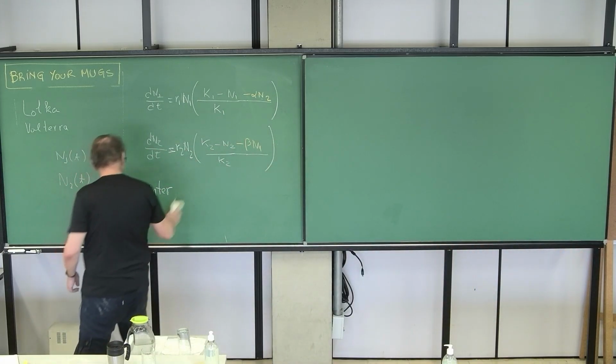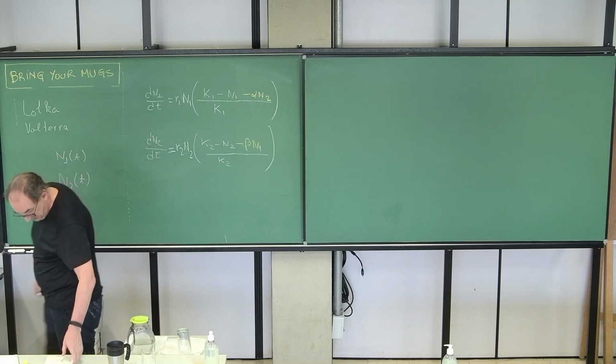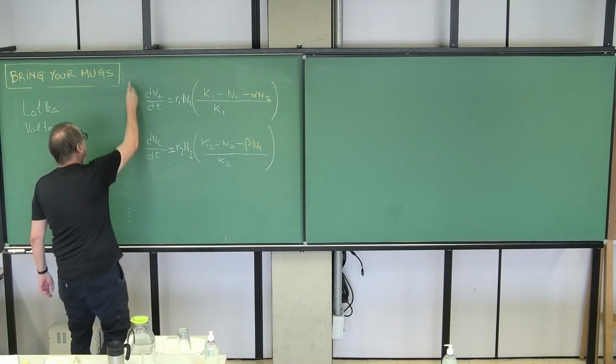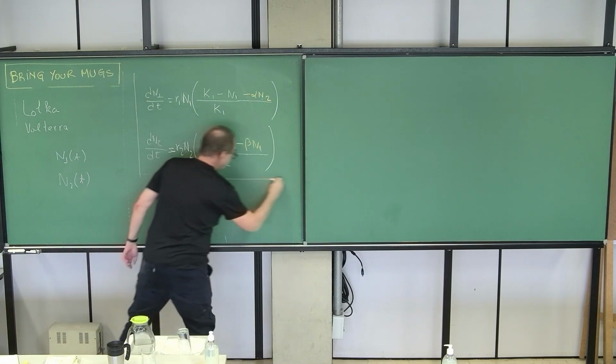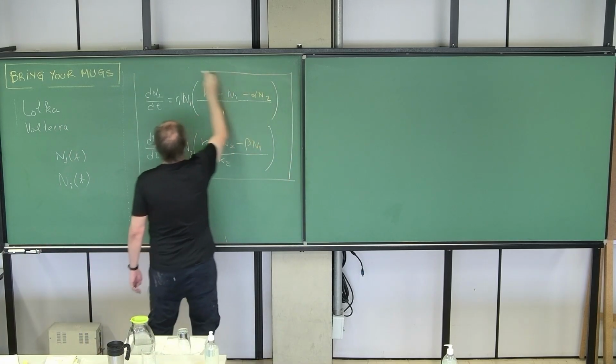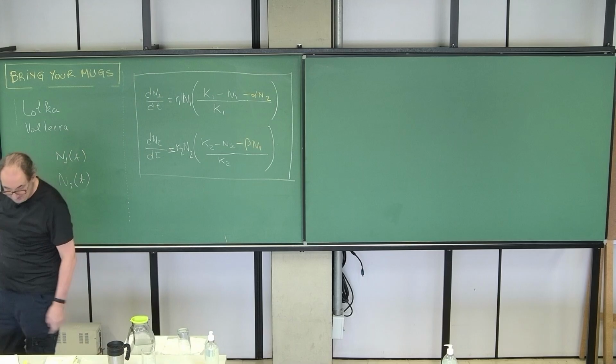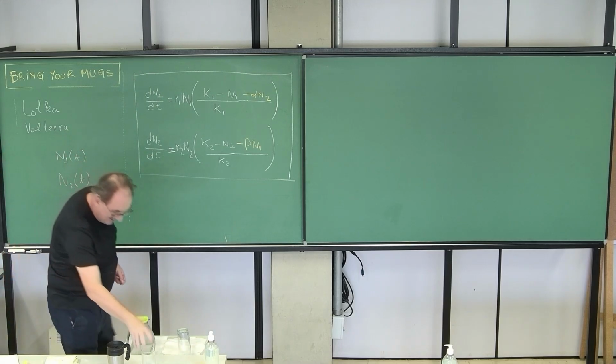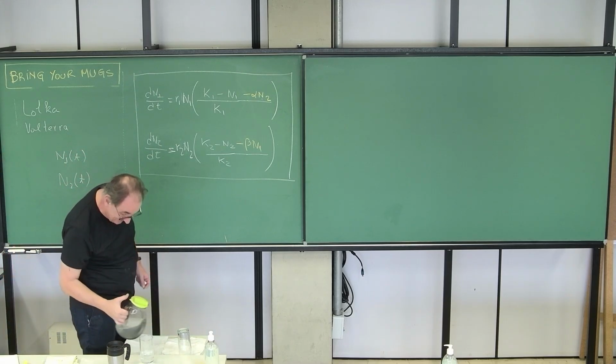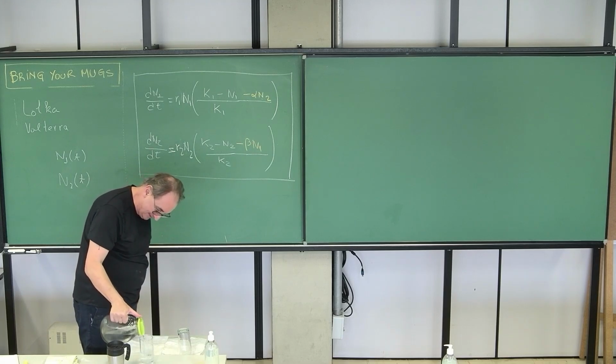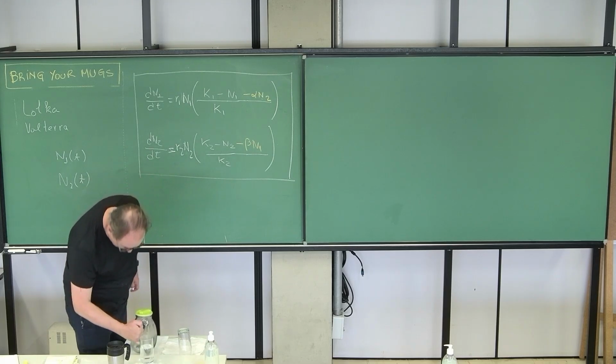Okay, so now here we are. We have the equations. This is the first example of a mathematical object that's called a system of differential equations. In this case, 2 differential equations.